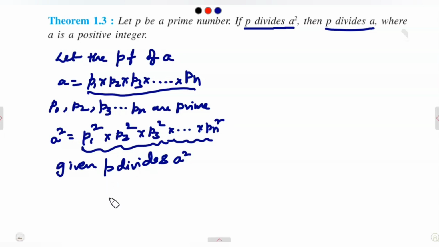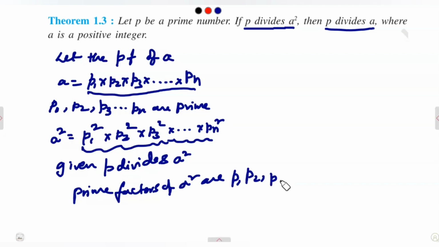By the uniqueness part of the fundamental theorem of arithmetic, the prime factors of a square will be p1, p2, p3 and so on up to pn, right? So the prime factors are these. So p should be one of these factors.